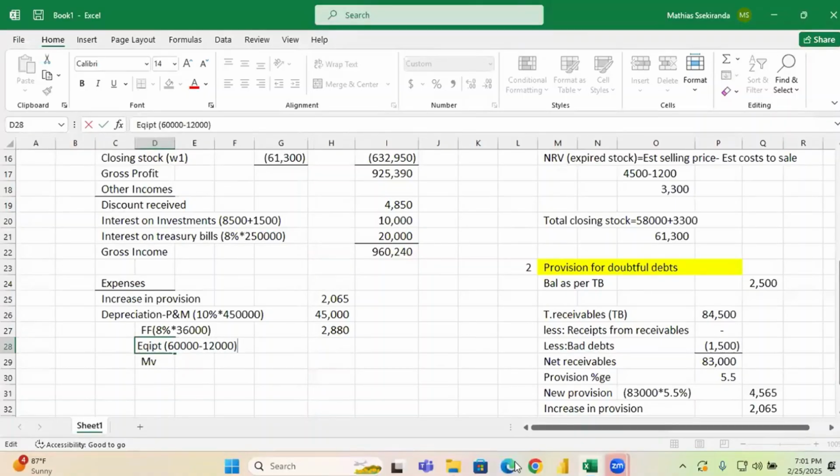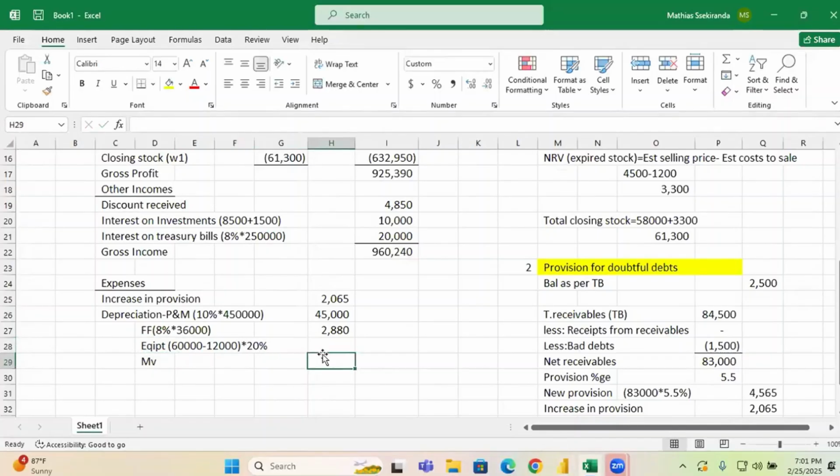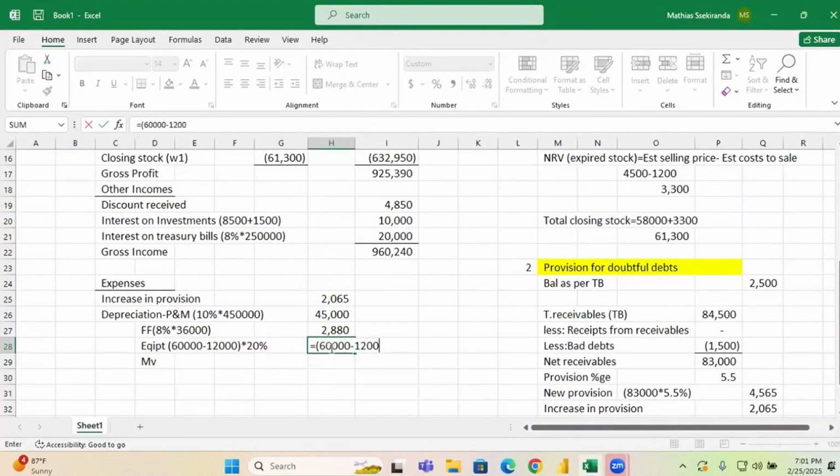This bracket alone gives you the net book value, times 20%. You first get the net book value, then times the percentage the examiner has given you. Net book value is the cost minus accumulated depreciation.